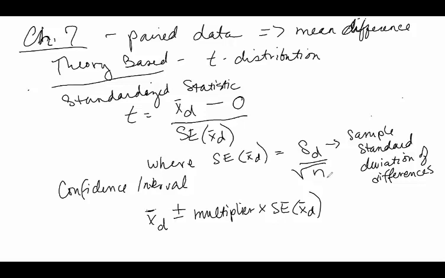So pretty much once we calculate standard error, we can use that throughout each equation, like for a confidence interval, and plug in the number that we got for standard error of X bar D from our standard statistic. No, so this is this calculation. This total calculation, so that doesn't mean multiplication.